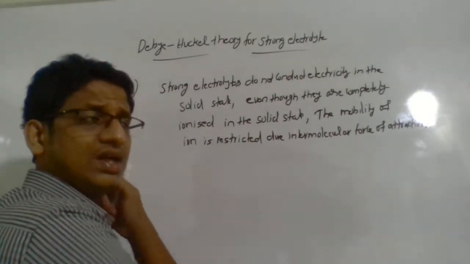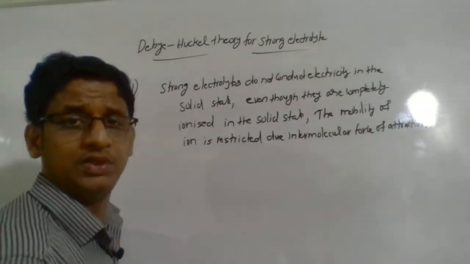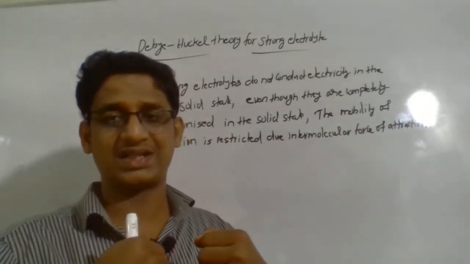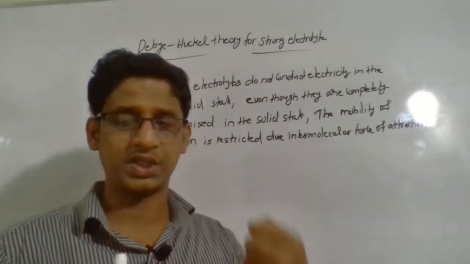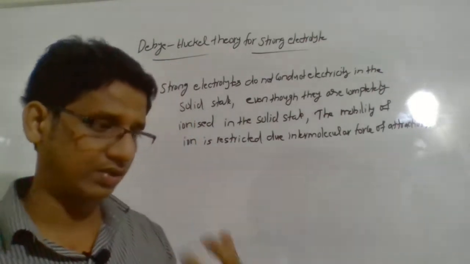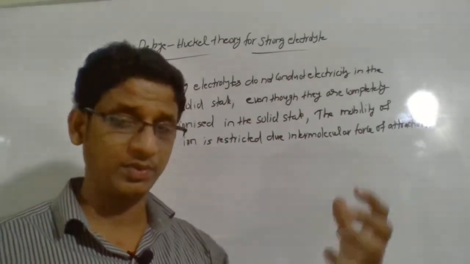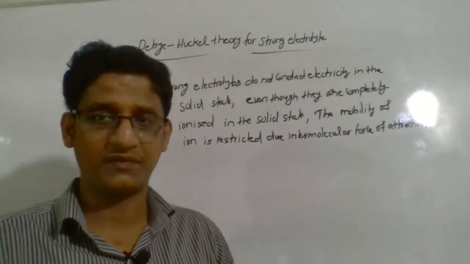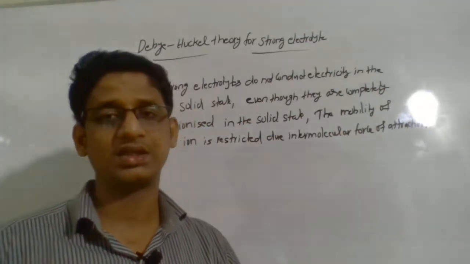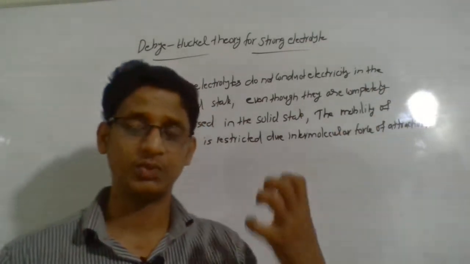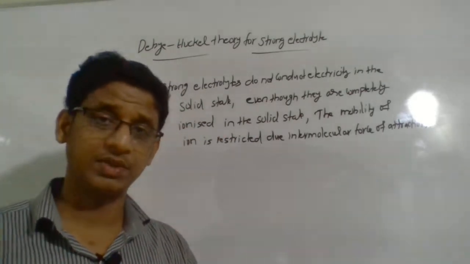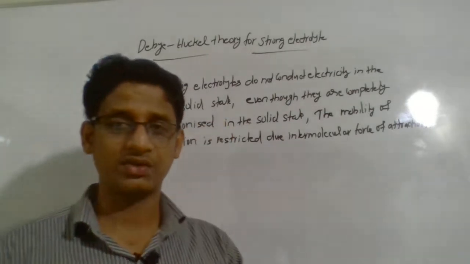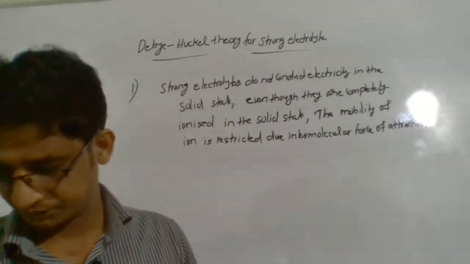The movement of ions is restricted, so they cannot move freely in the solid state, because the attraction is always there. A positive ion attracts a negative ion, and a negative ion attracts a positive ion, so they cannot move. If they can move in a free manner, then they can perform conductivity. Here the movement is restricted, ions cannot move, they cannot conduct electricity. That's why in the solid state strong electrolytes do not conduct electricity.